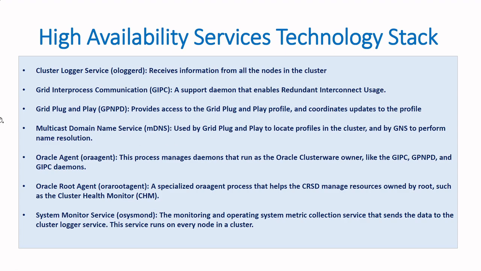Multicast DNS, which is used by Grid Plug and Play to locate profiles, etc., and to perform the name resolution. The Oracle Agent is to manage the daemons such as clusterware owner, GIPC, GPNPD, etc. This is for managing CRSD, helping CRSD to manage the CSS processes, and system monitor services for monitoring and operating metric collection, etc.